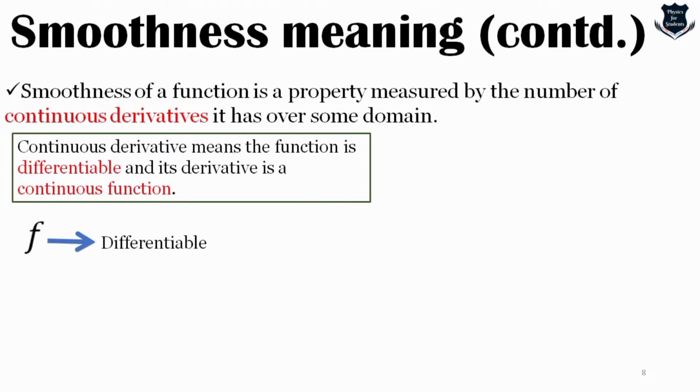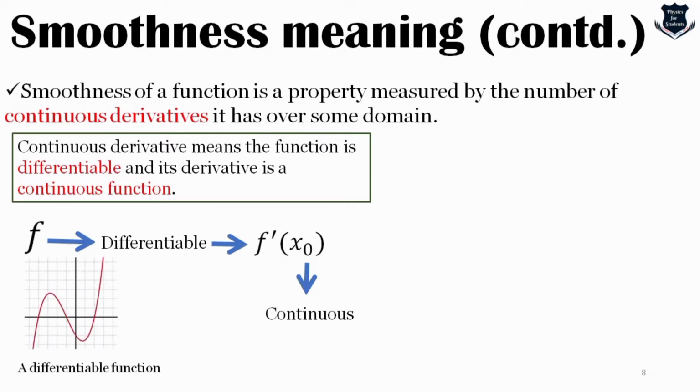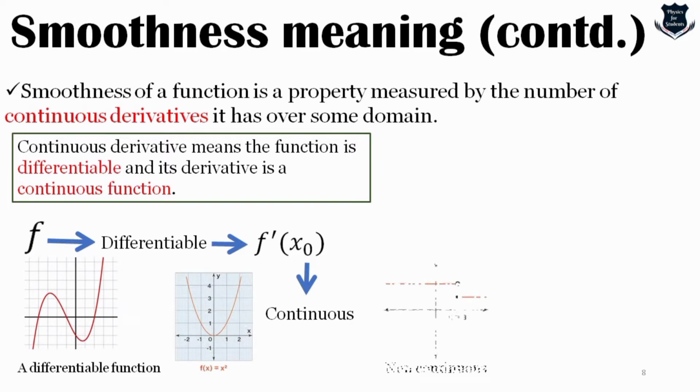So let us first consider a function f: if it is differentiable, then f prime at some point x0 is also continuous. This is a nice demonstration of a differentiable function, and this one is also a differentiable function, where the graph is on the right hand side. You can see this is a non-continuous function, because you can see there is a break.